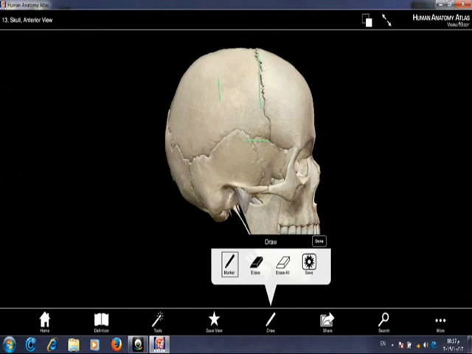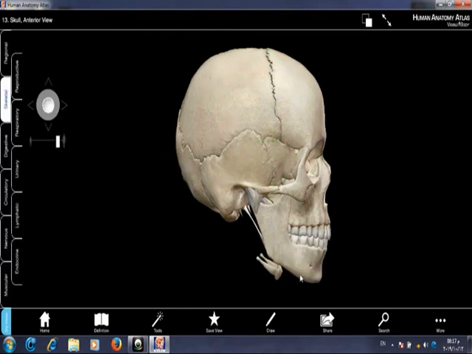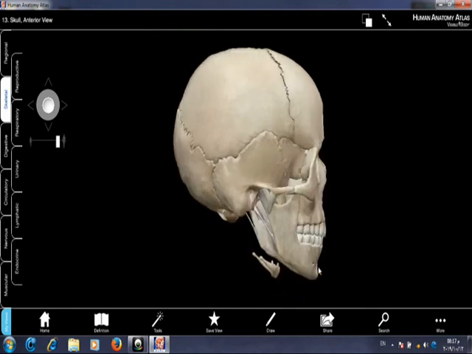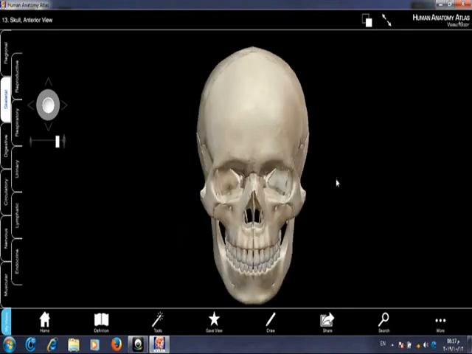So this 1, this 2, this 3, this 4. All of them surround the parietal here. So these are the parts of the skull, of the cranium.